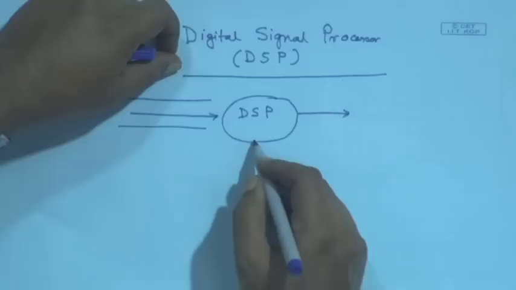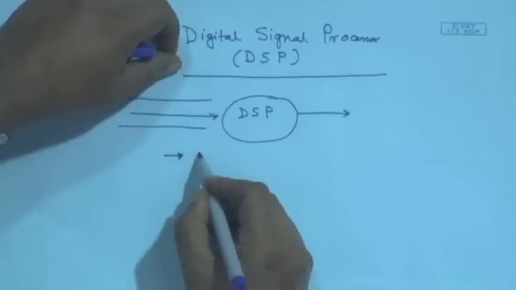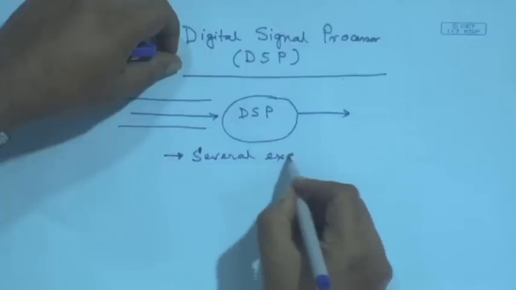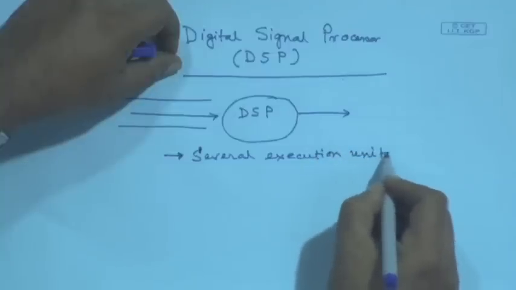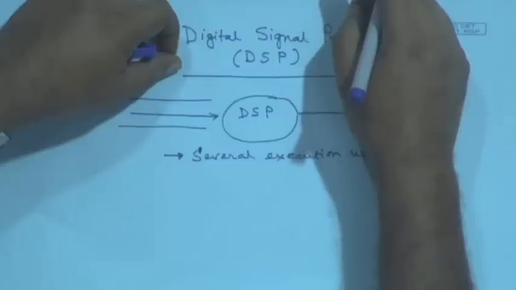So, unlike a typical standard microcontroller, which has one processor, one ALU and all those things, in a DSP we often have multiple, different, several execution units.